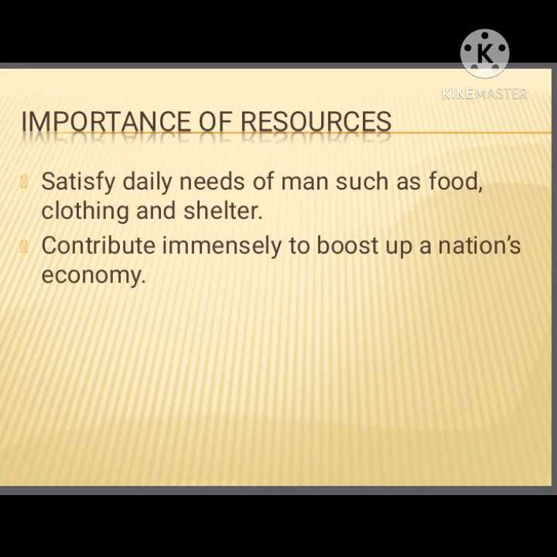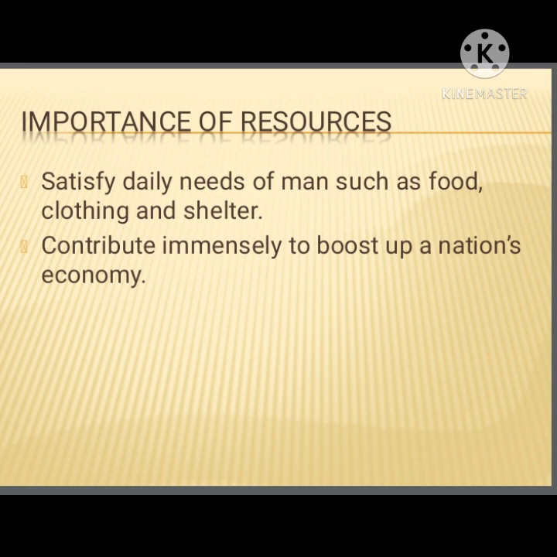Next topic is importance of resources. What is the importance of resources? That is, natural resources satisfy our daily needs of man, such as food, clothing and shelter. These three things we can get from nature, isn't it? So that's why natural resources satisfy our daily needs, such as food, clothing and shelter.